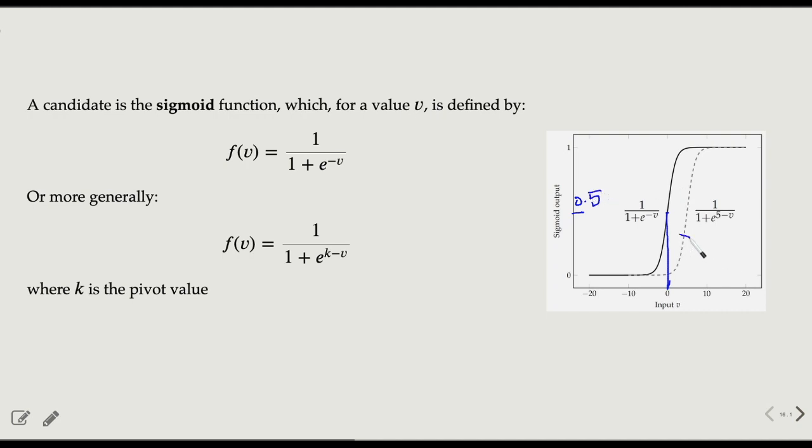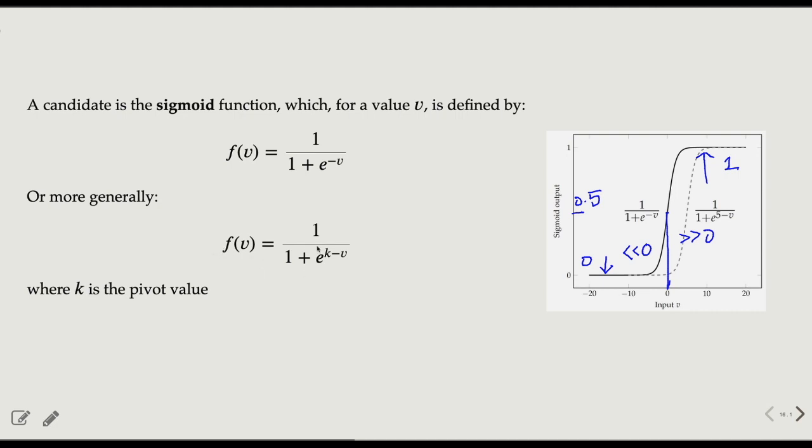When v is much greater than 0, it gets very close to 1. When v is much less than 0, it becomes very close to 0. As you can see, the functional form of a sigmoid function is similar to a step function, but it is smooth so that you can compute the derivative of the function.